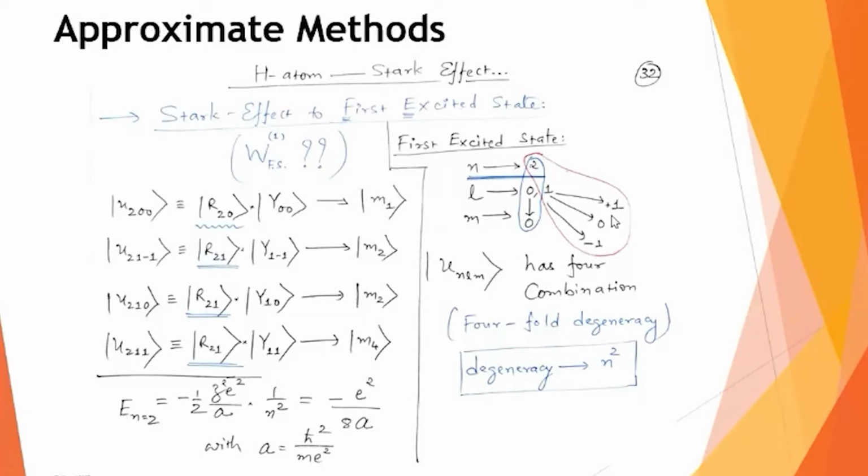Don't forget, whenever you have L values, then corresponding to each L value, you have 2L plus 1 number of M values, minus L to plus L. So corresponding to L equals 1, M, the magnetic quantum number, will have three different choices: minus 1, 0, and plus 1.